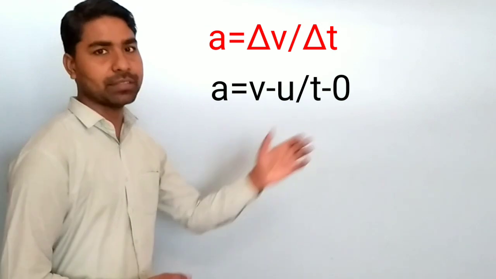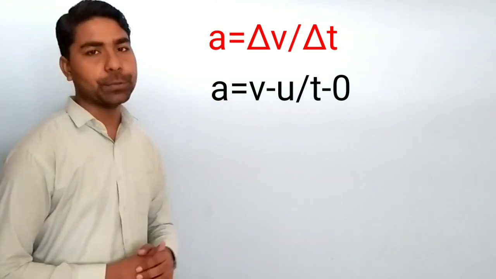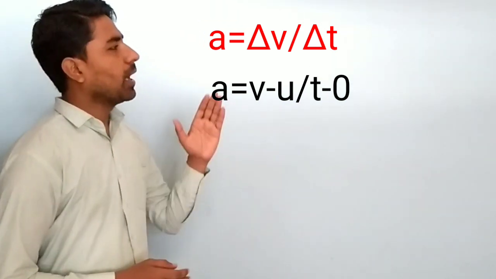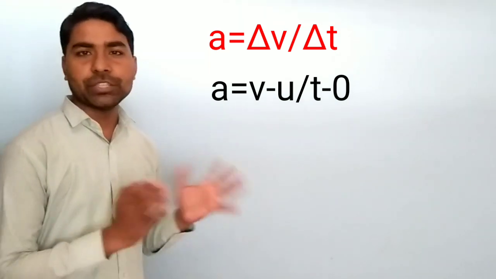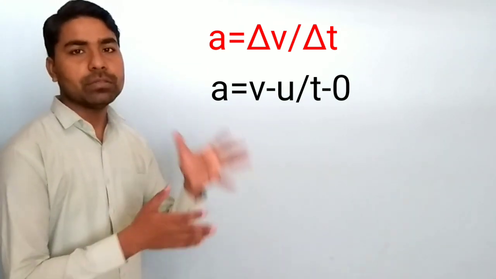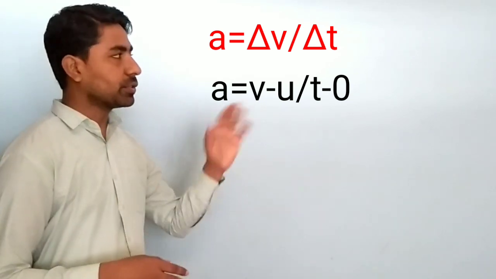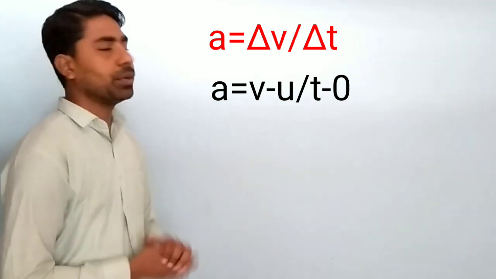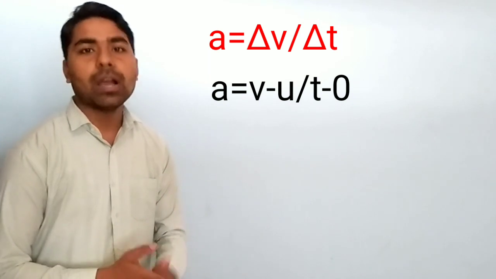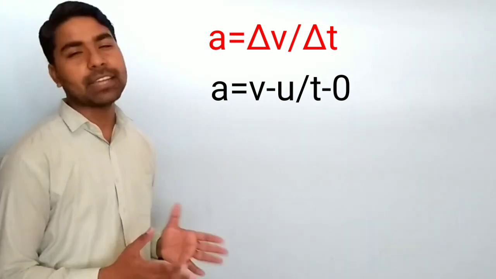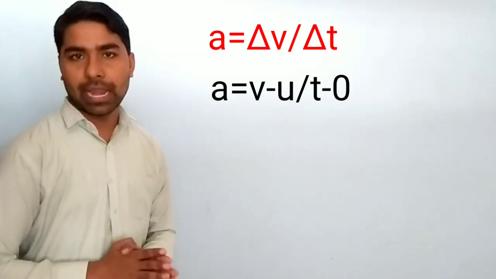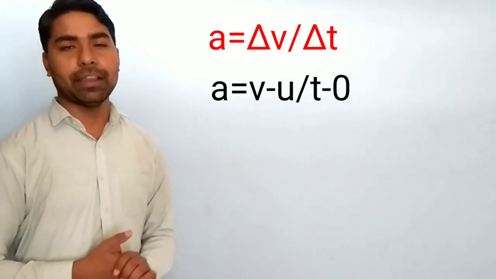I am giving here t minus 0 and the initial velocity is u. So the acceleration is equal to v minus u upon t minus 0, change in velocity upon change in time. And we can also use this as acceleration is equal to delta v upon delta t. Delta shows the change in the value.